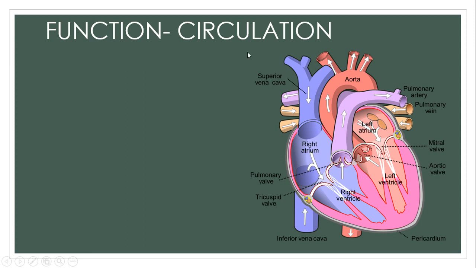From the upper part of the body, deoxygenated blood comes from the tissue, and it enters through the superior vena cava. From the lower part of the body it comes through the inferior vena cava. Both bloods will enter into the right atrium.